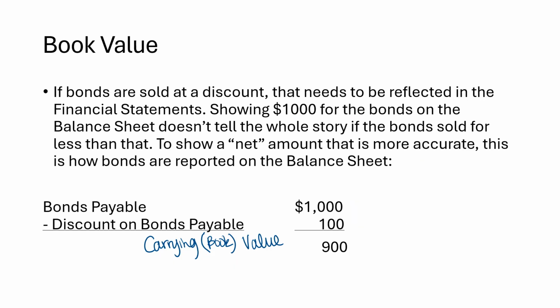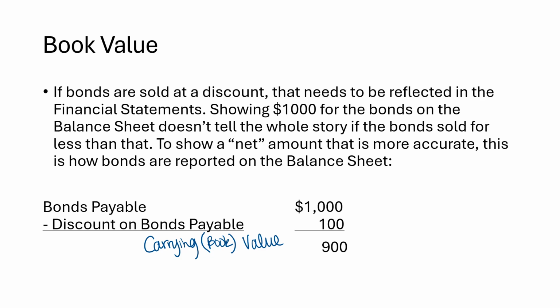So if the bonds are sold at a discount, that needs to be reflected more accurately in the balance sheet, in the financial statements. So if bonds payable on the balance sheet just says $1,000, that doesn't tell the whole story of what happened. If the bonds were sold for $900, then that also needs to come across in the financial statements.